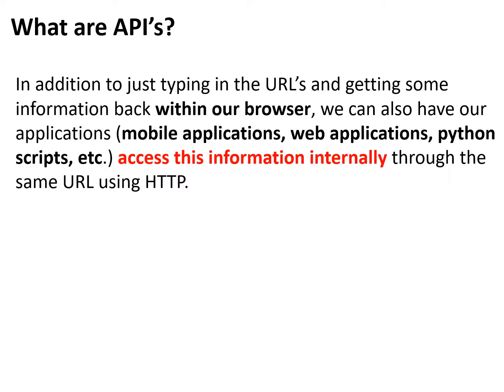So we talked about what a web service is. What are APIs? With a web service, all we have to do is type a URL into the browser and we get data back. But usually we want to do something with that data, not just see it within our browser. So we can still use that same URL, but have our own applications, like a mobile application, a web application, or a Python script in our case, use the data.